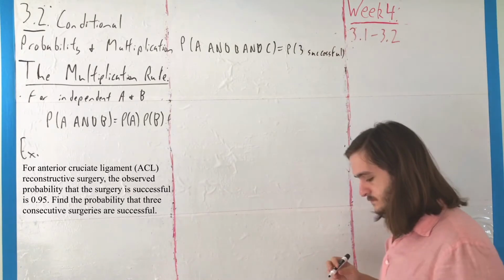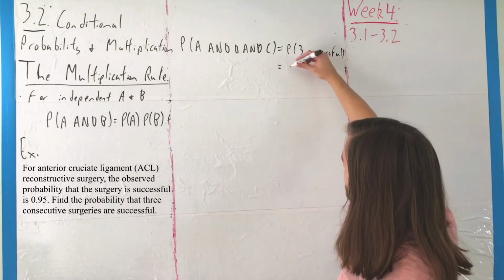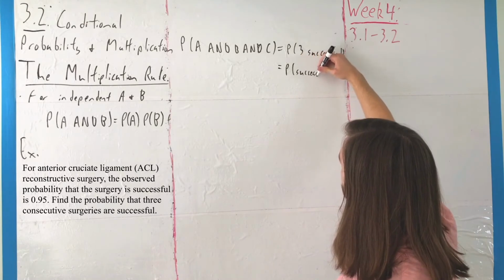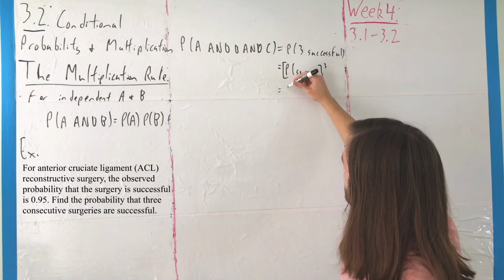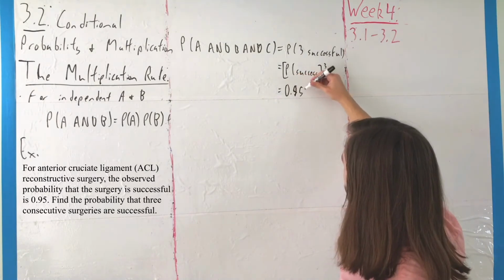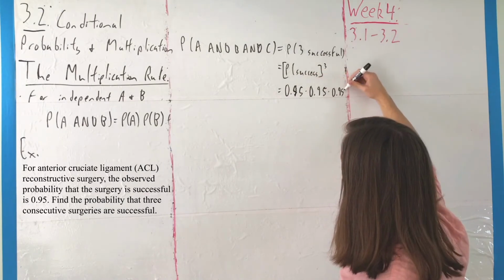well, really, that's the same as the probability of 1 success taken 3 times, or in numbers, 0.95 times 0.95 times 0.95.